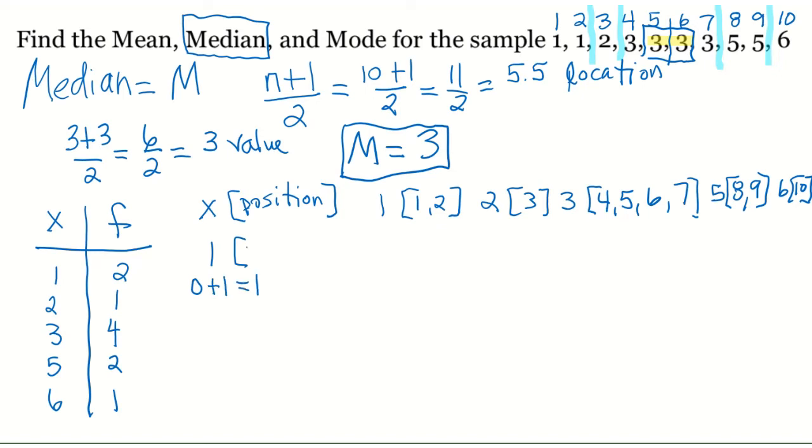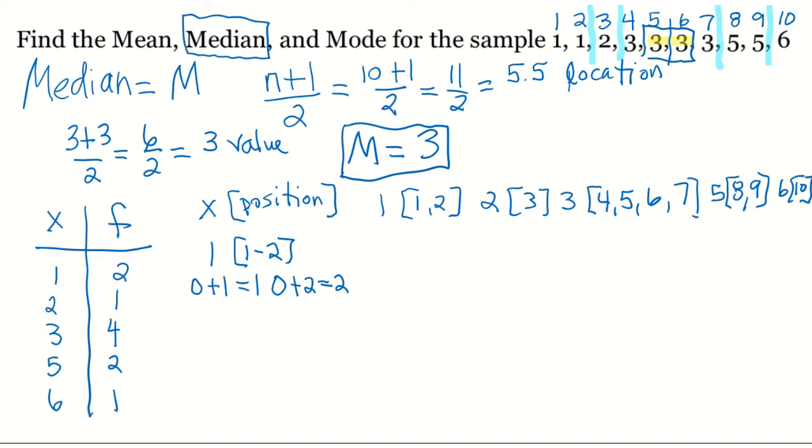That's going to be my lower boundary. And then to get my upper boundary, I'm going to take 0 because I haven't added anything yet, and I'm going to add whatever this frequency value is. So that's 2. So my first position is going to have a lower boundary of 1 and an upper boundary of 2. And we can see that that matches what we previously got.